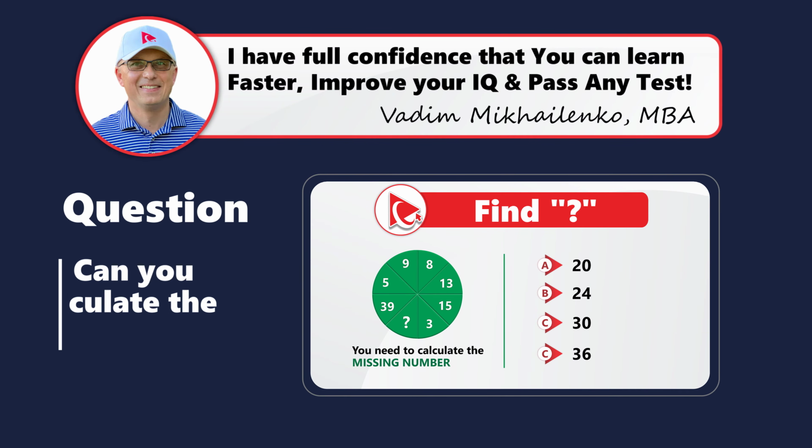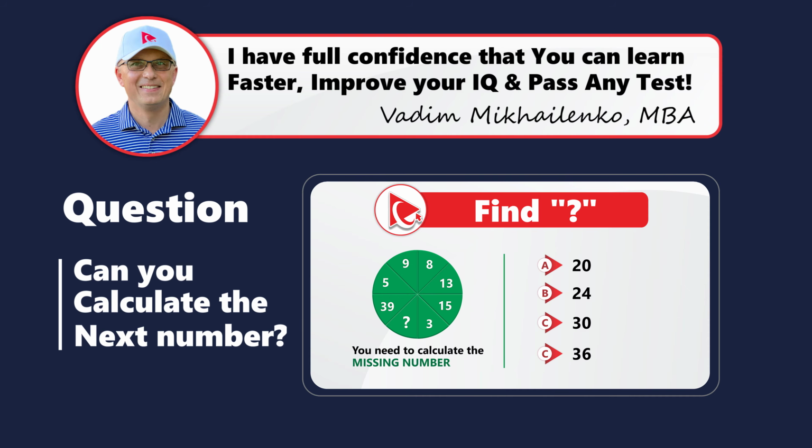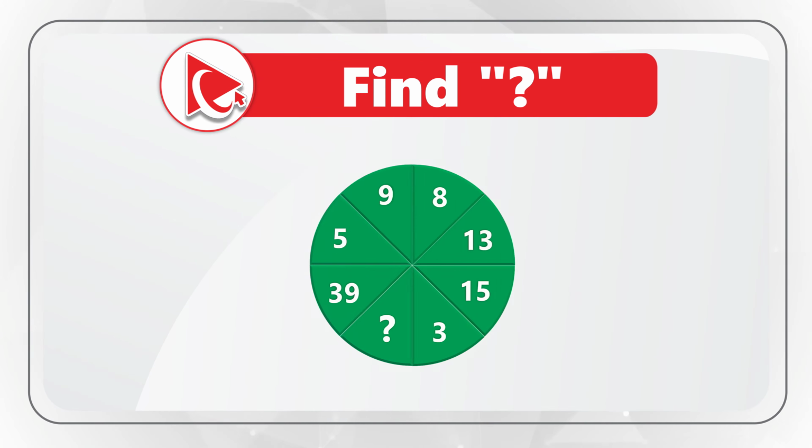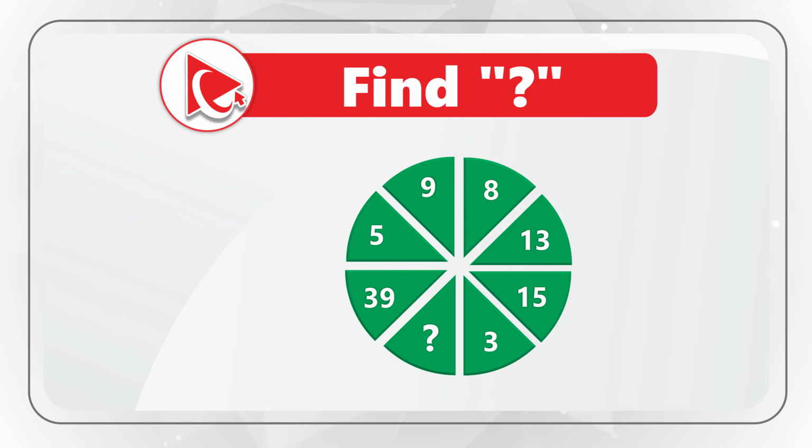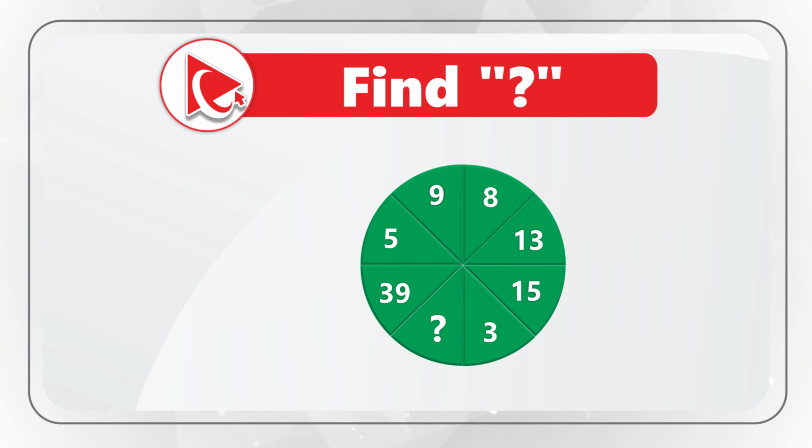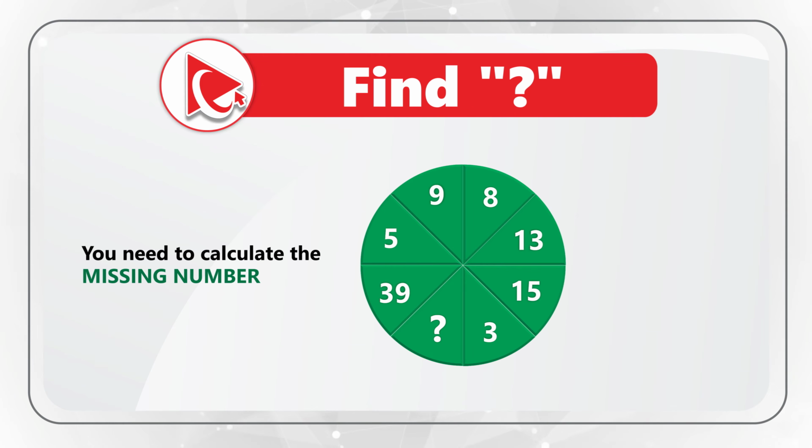Here's a problem some people might find challenging, but in reality it's very easy to solve. You're presented with a circle broken down into 8 sections. In each section there is a number, and in one section the number is missing, and you need to calculate the missing number.